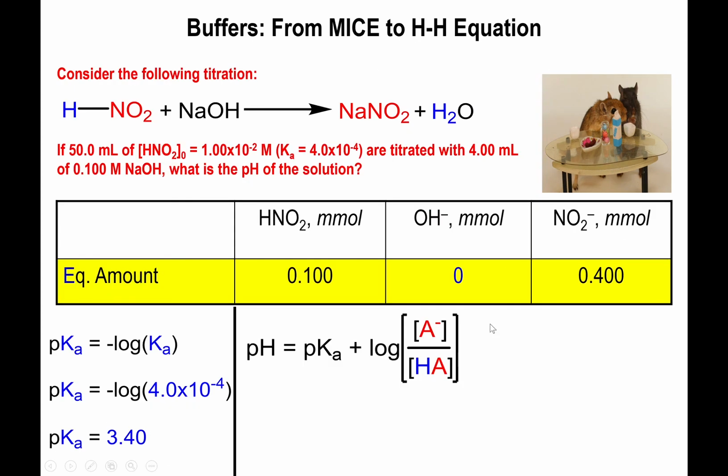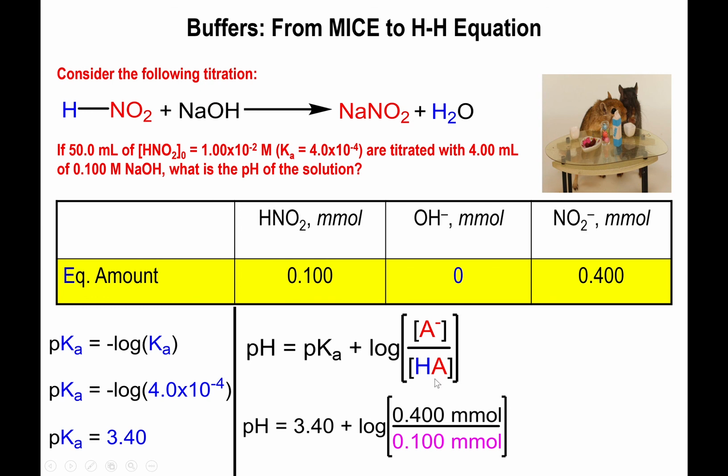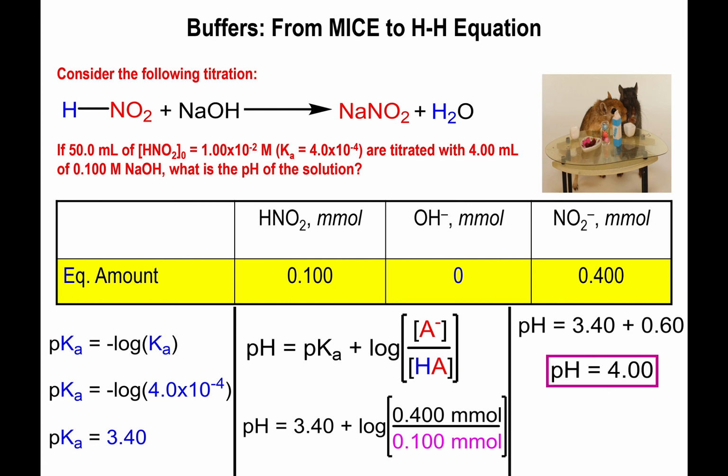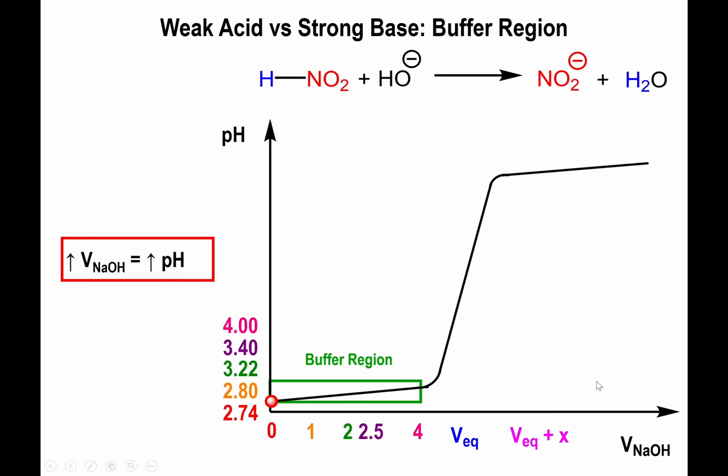So in your Henderson-Hasselbalch equation, you will input 0.4 millimoles for the base, 0.1 millimoles for the acid, carry out that division, take the log of it, you're going to find out that that equals positive 0.6. So add that value to 3.40, the pKa, and you're going to find out that the pH has now been raised to a total value of 4.00.